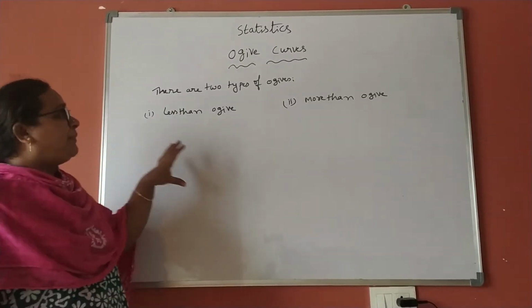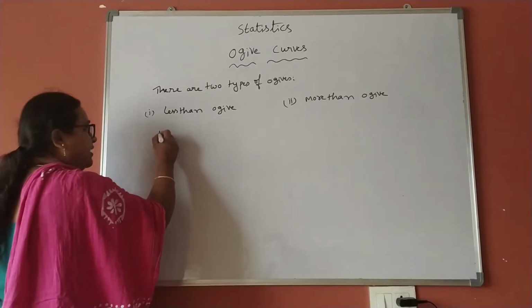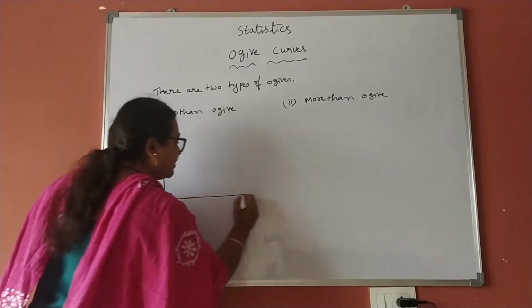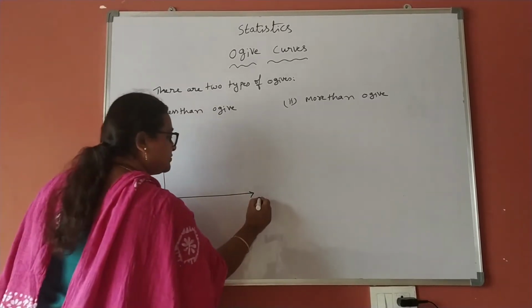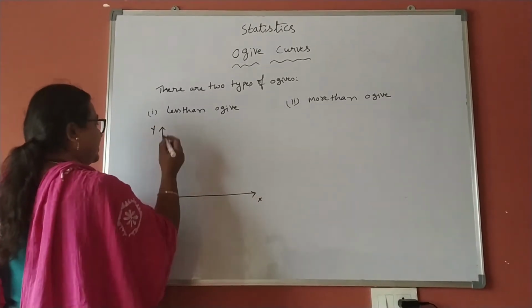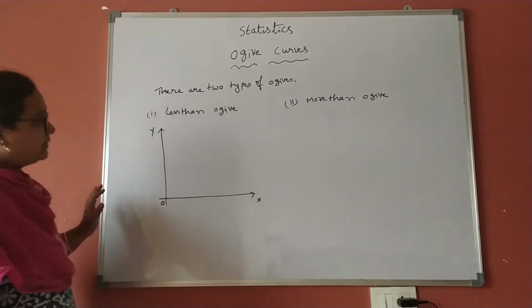I will give you a basic idea about these OGIVEs. Less than OGIVE, because it is a graphical representation, we need a graph sheet. This is the x-axis and y-axis, and the point of intersection of the coordinate axes is the origin.